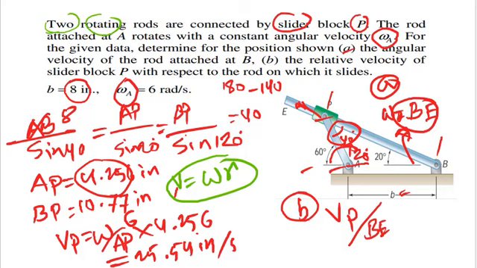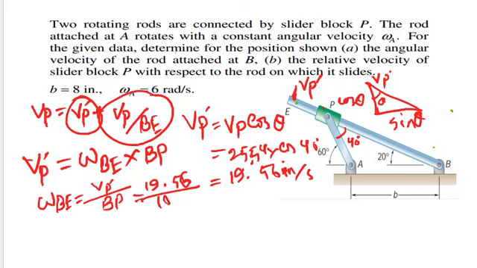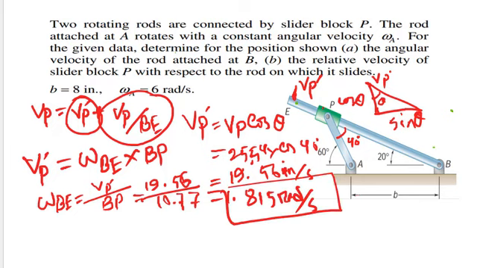BP is this one, this is BP 10.77. 10.77, and then we'll get our desired 1.815 radian per second. That one is our answer for part A, right? That's the number one answer.